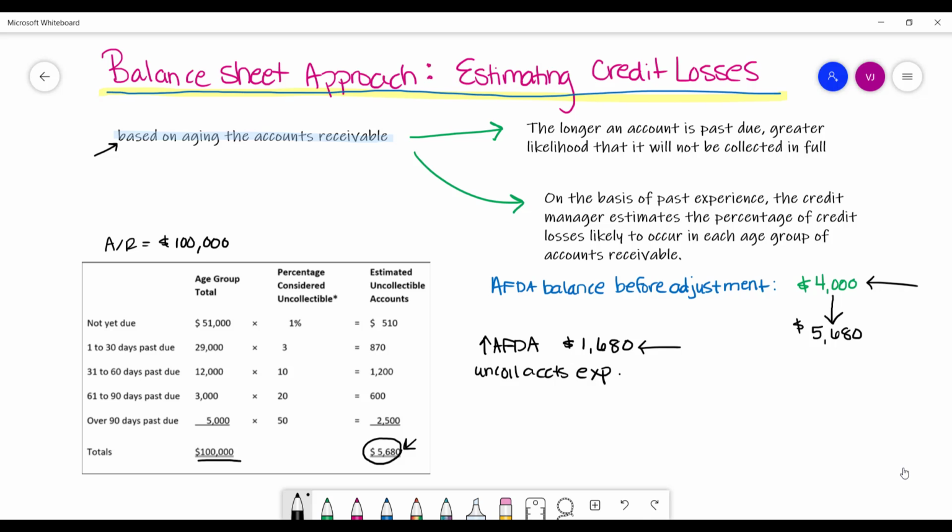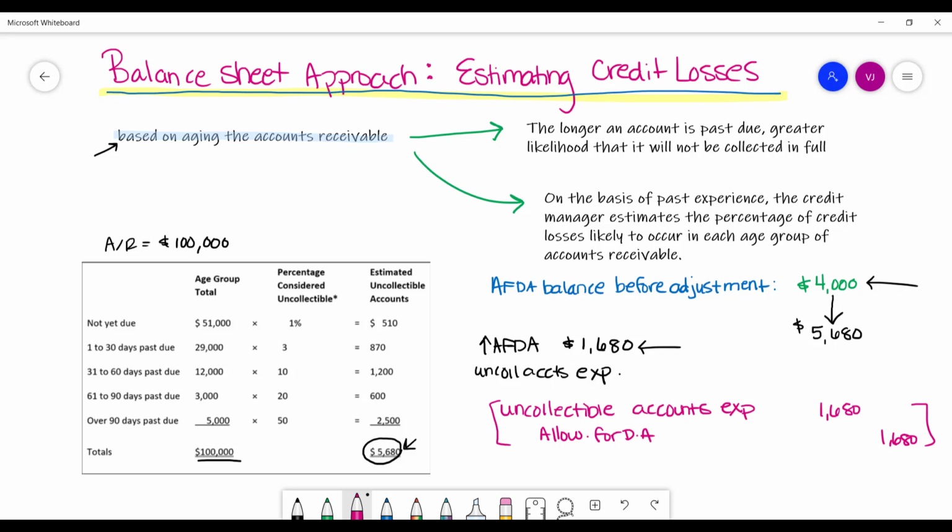So under the balance sheet approach, we're going to debit uncollectible accounts expense for $1,680, and then we are going to credit allowance for doubtful accounts for $1,680 as well.